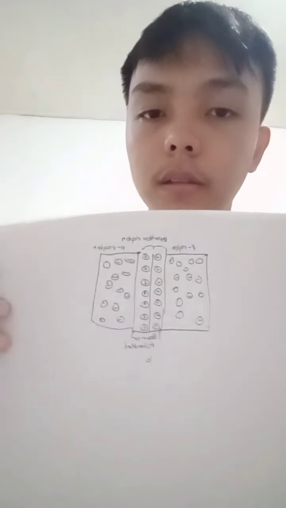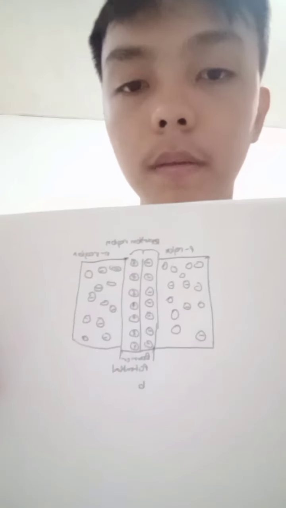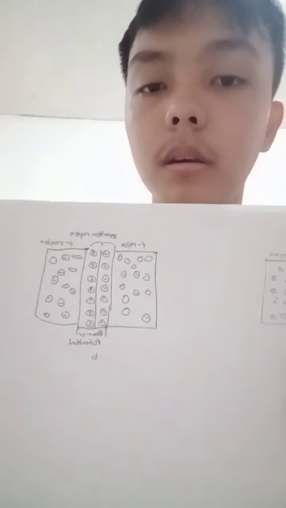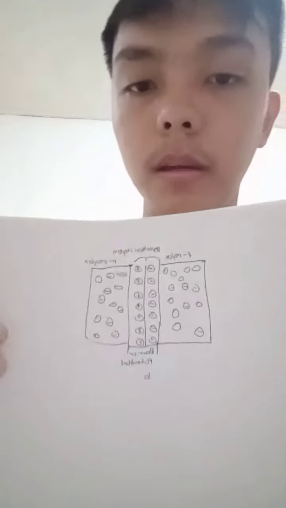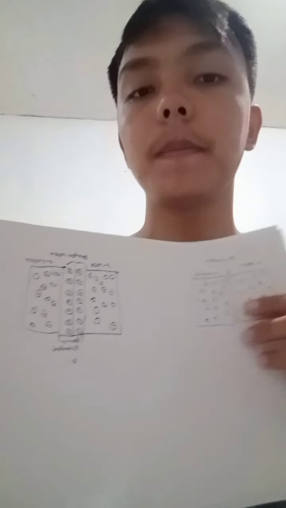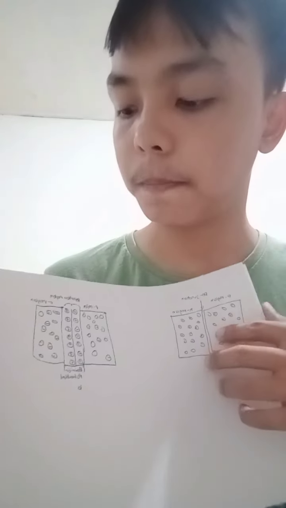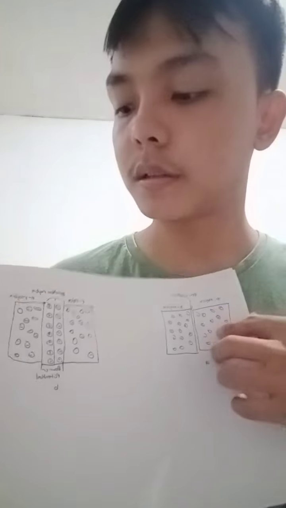Here in the next illustration, this is called a depletion region, where positive and negative charges are being created. It is because of the diffusion of the charge carriers.